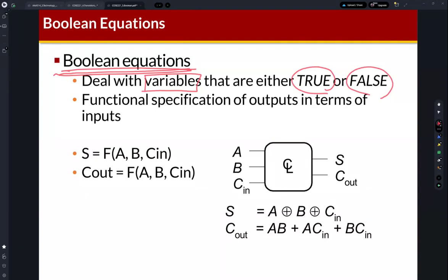It just handles variables, and these variables have only a true or false value. In a digital manner, we can think that true is 1 or high voltage, VDD, and false is 0, the ground, right?